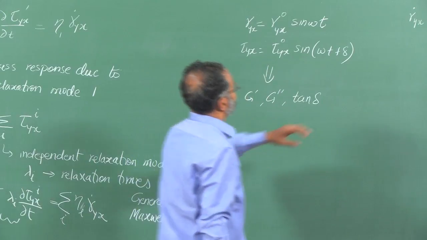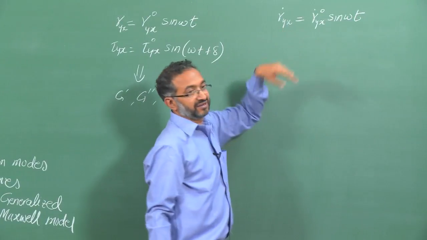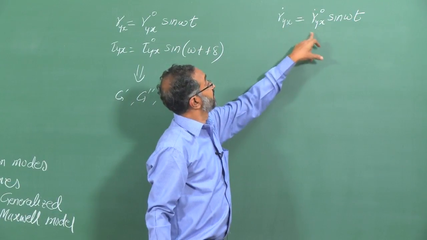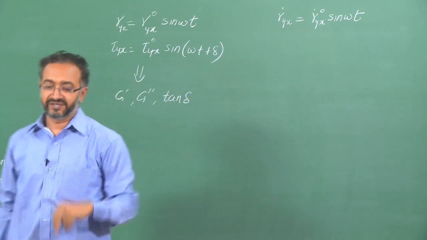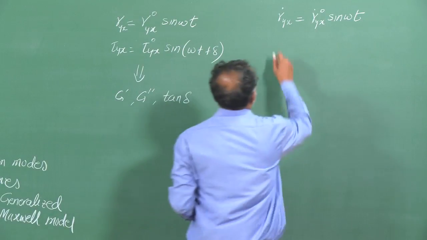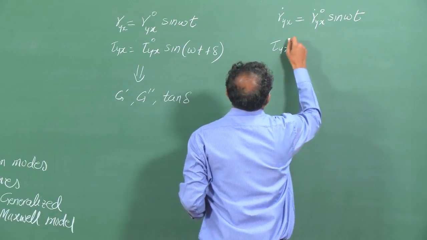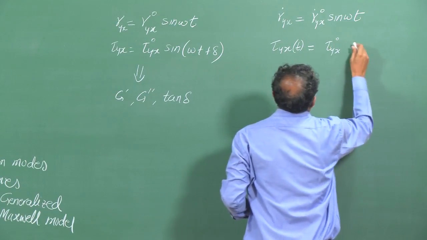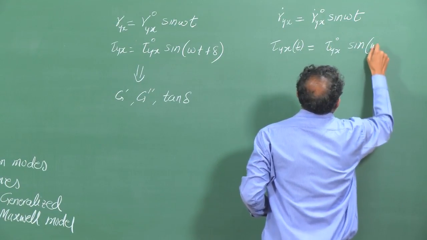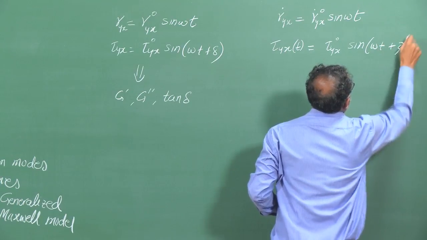So, therefore, if we apply a constant amplitude strain rate, a sinusoidal strain rate, then again the response can be generally written as tau yx, which is a function of time, will be tau yx naught sin(omega t plus phi).